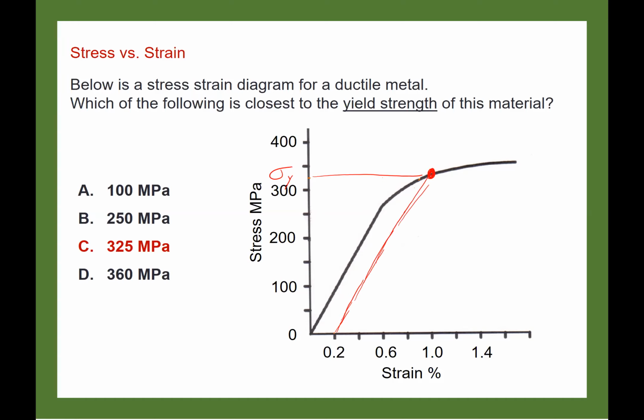That's 325, not 250, because if you were eyeballing it, you would say that also makes sense. That's about where the linear region ends, and you would be wrong by convention.